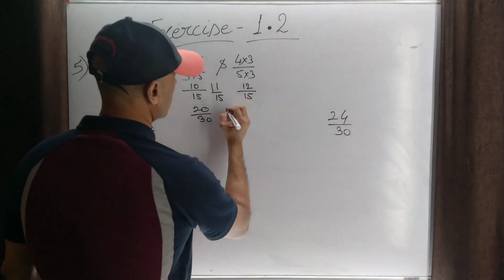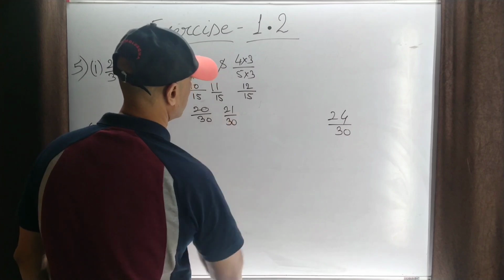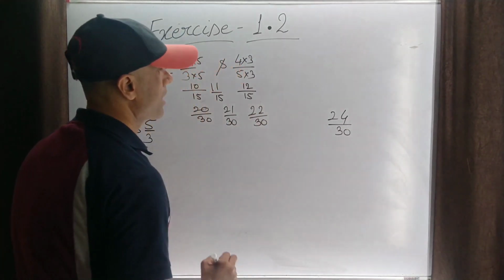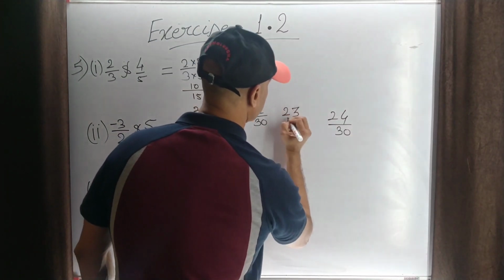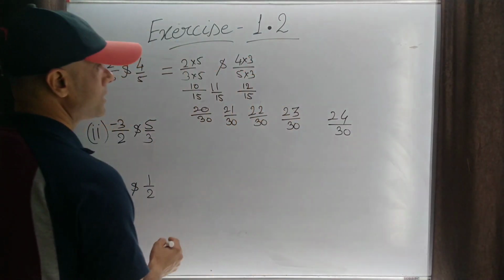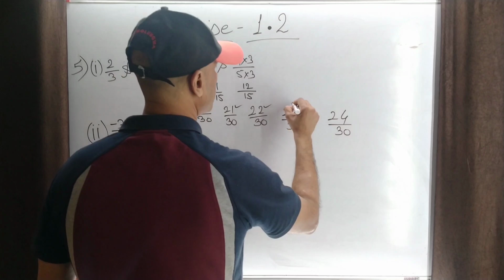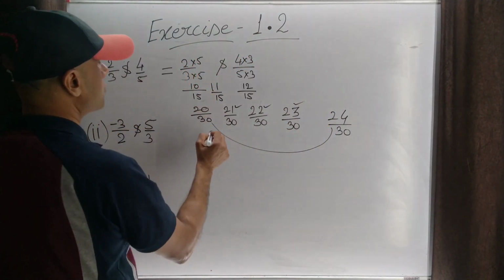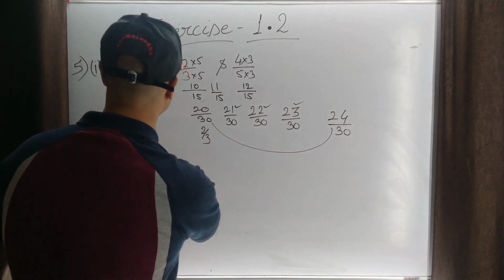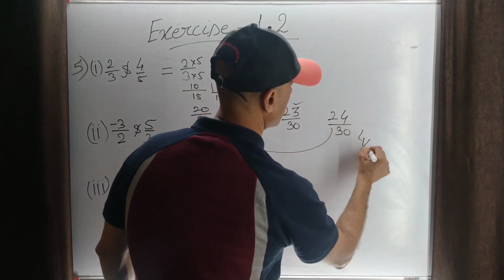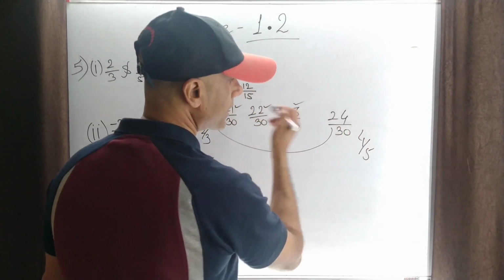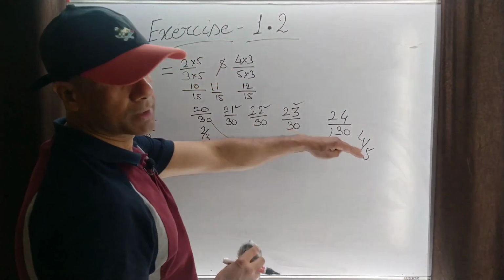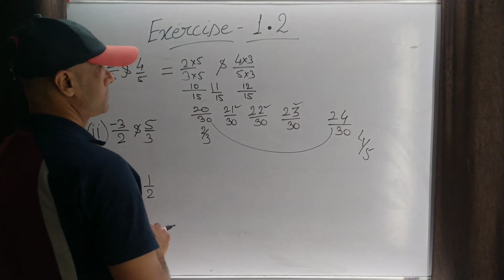So we can get 21 by 30, 22 by 30 and 23 by 30. Again we have managed to get only 3 rational numbers between these two, that is 2 by 3 and 4 by 5. Okay, we need 5, so we have to further increase the denominator.